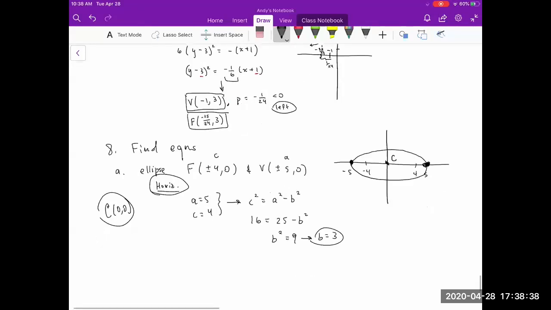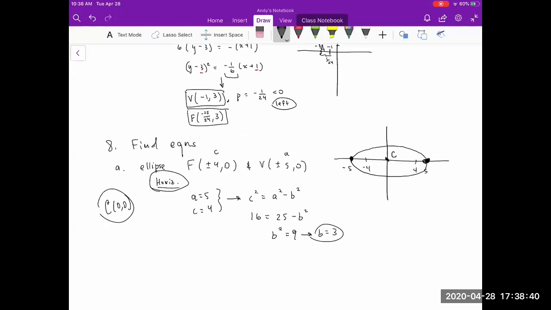So the equation we have here will be x minus h squared over a squared plus y minus k squared over b squared equals 1. Now, of course, since this is horizontal, a is under x, but if it was vertical, a would be under y.